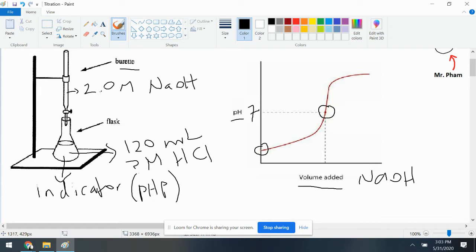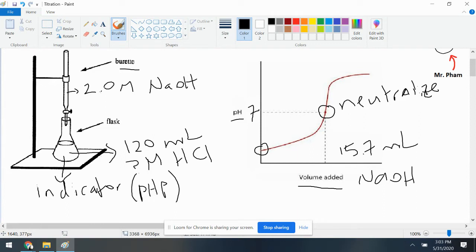It just means that when the pH turns 7, the volume you added, again, I'm just making this up, let's say it's 15.7 mL of sodium hydroxide added to the hydrochloric acid when the pH turns to 7, which means you neutralized it.